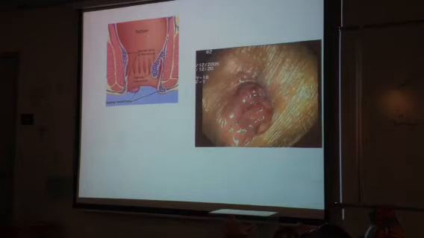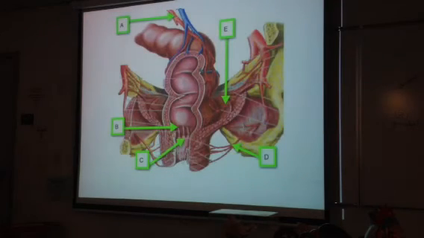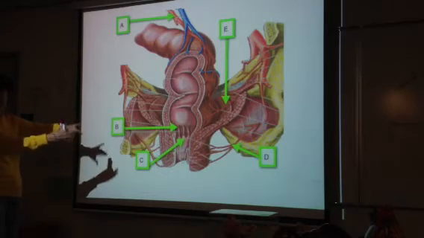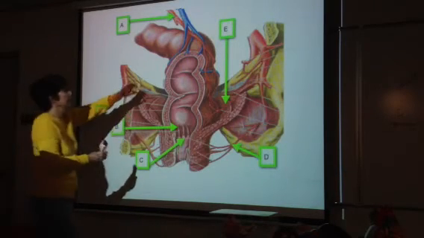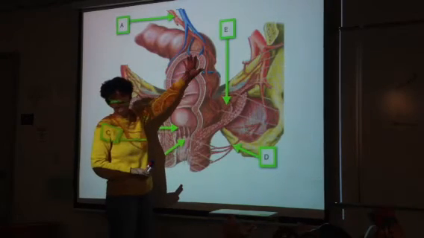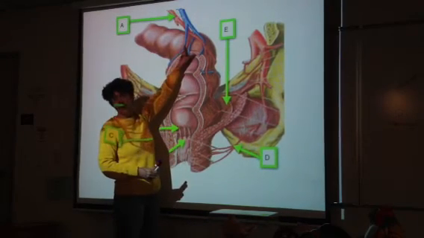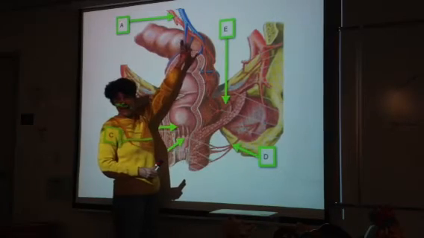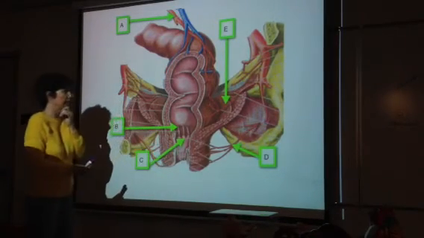So when I talked about the branches of the internal iliac artery, we looked at this image. Again, this is looking from the back. We're looking at arterial supply. So here's the superior rectal artery supplying the top of the rectum. With it is the superior rectal vein carrying blood back up to the inferior mesenteric.